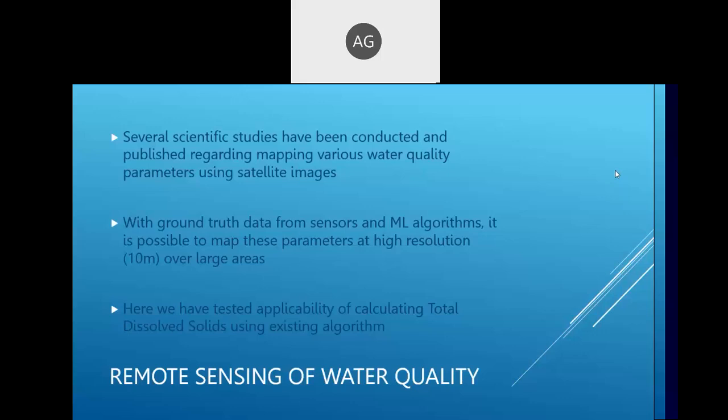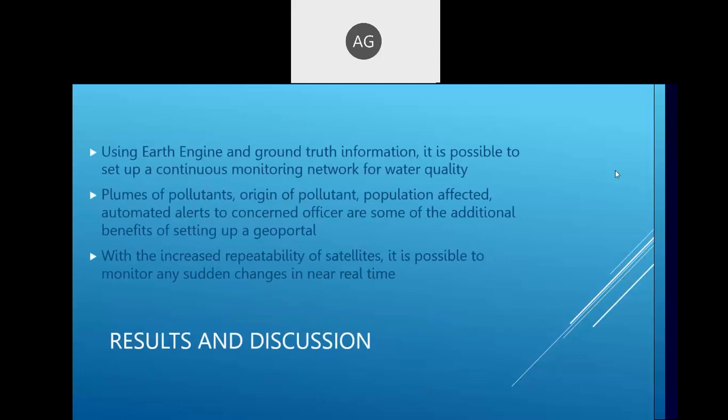So here we have tested the applicability of calculating the TDS, total dissolved solids, using the existing algorithm, which is from a paper published in France. So in a French lake, they have tried to estimate this water quality. We use some data provided by the Central Water Commission, of course, to tally the results.